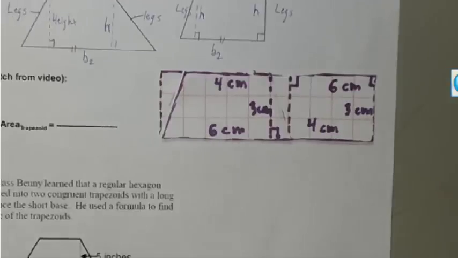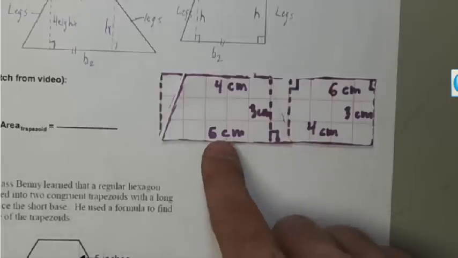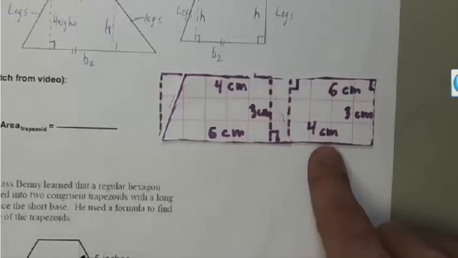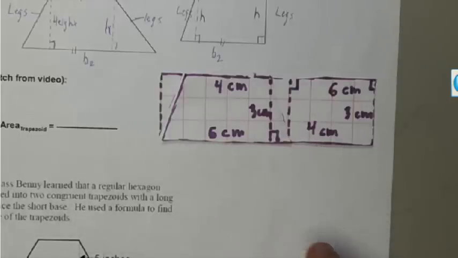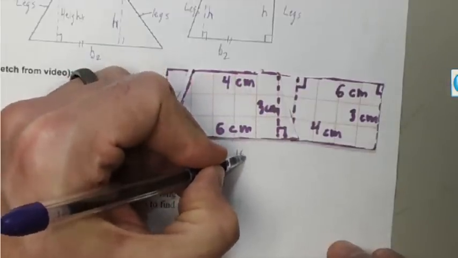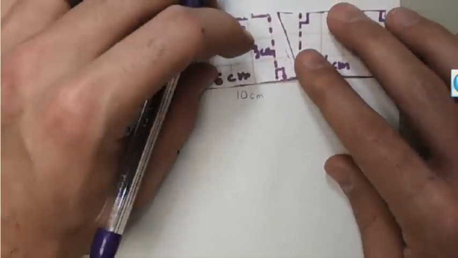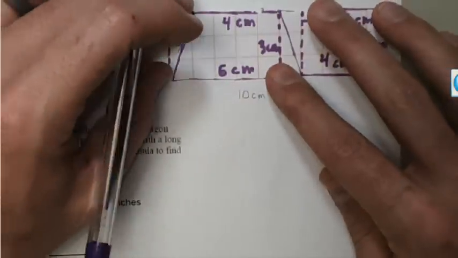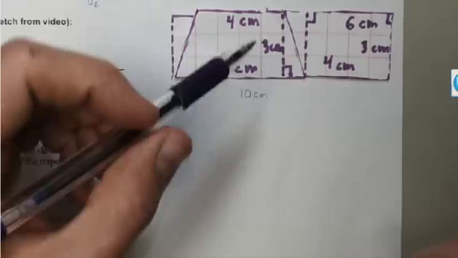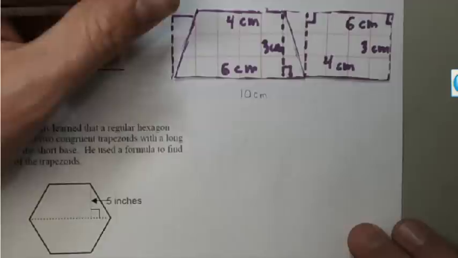Okay, so right here, if I add this base and this base, so 6 centimeters to 4 centimeters, I get a rectangle that is 10 centimeters. And the height is 3 centimeters. See, the height is 3, so over here the height's still got to be 3 centimeters.